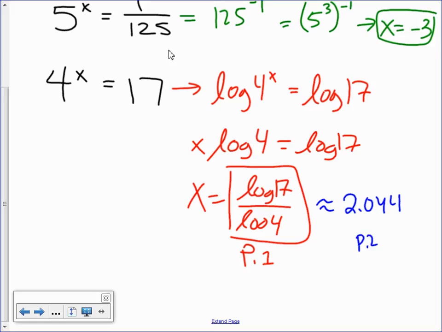This will be paper 2. It's rounded. I'm just letting you know what's acceptable for the IB exam.